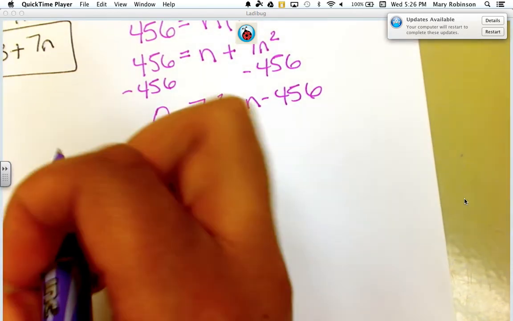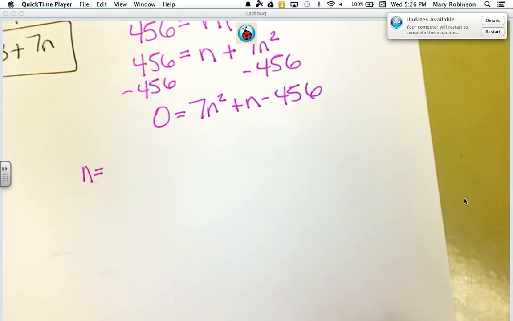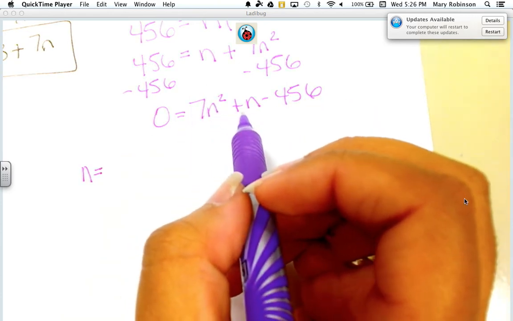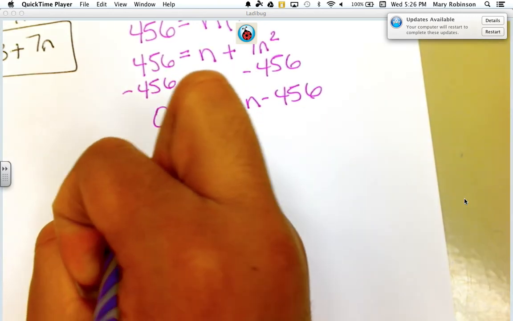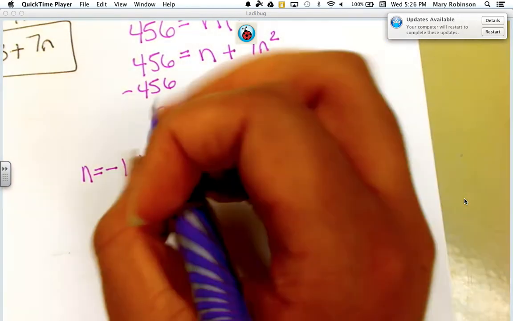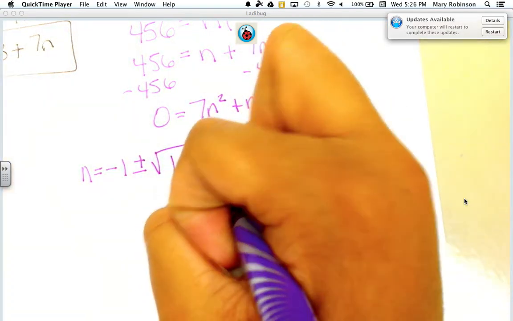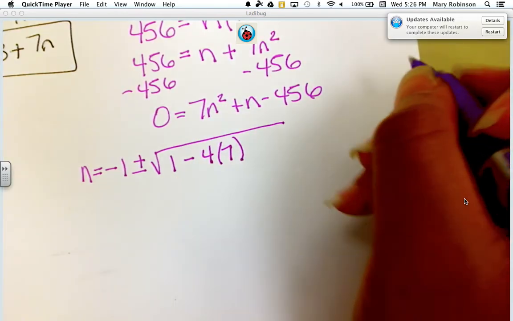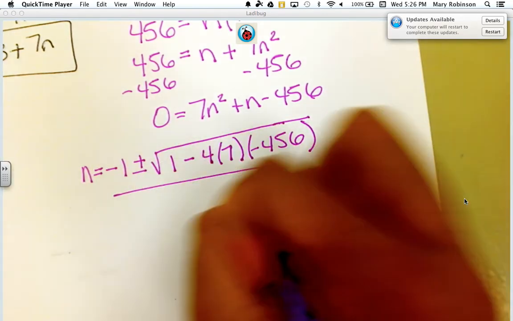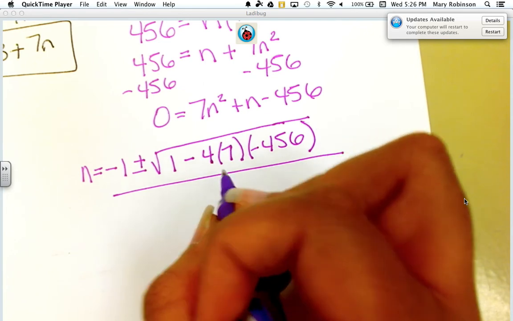In this case, instead of x, we're going to have n. So n equals negative b. Our b is 1, so negative 1, plus or minus the square root of b squared. 1 squared is 1, minus 4 times a, which is 7, times c, which is negative 456, all over 2a. a is 7, so 2 times 7 is 14.